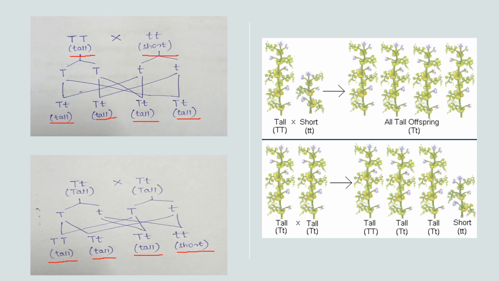Whereas in the second experiment, the phenotypic ratio is 3 is to 1 because there are 3 plants that are tall and there is 1 plant that is short.